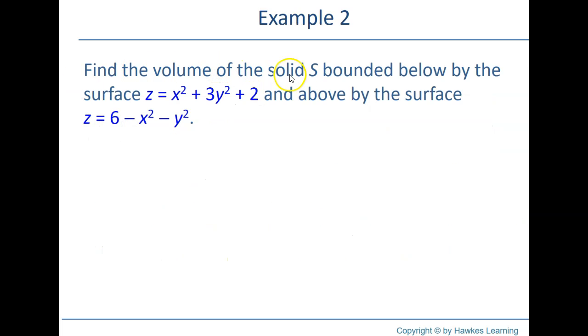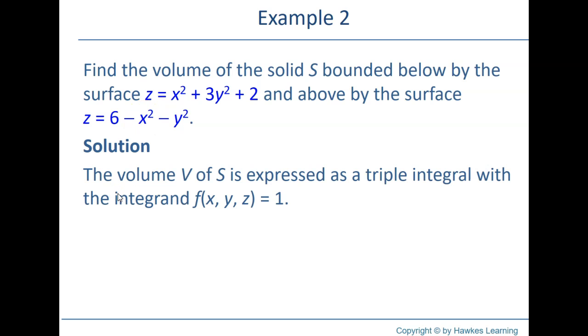Okay, so find the volume of a solid that's bounded below by this surface and above by this surface. If you look at our notation, this is a 1 to 3 with the coefficients of x and y. This is elliptical in x and y, and this is like a paraboloid. This one will be bending upward as we make our way away from the origin. This will be falling downward because we're subtracting it from 6.